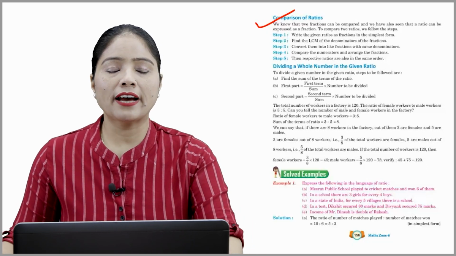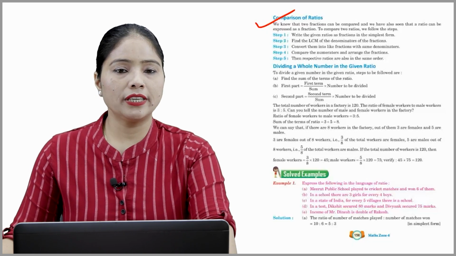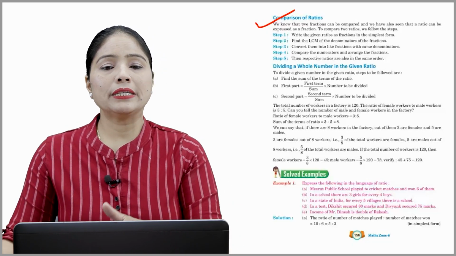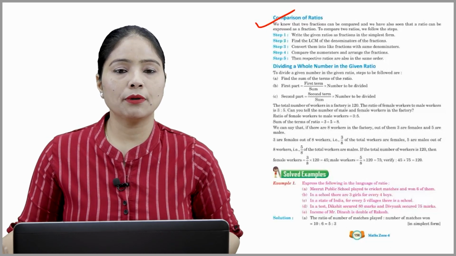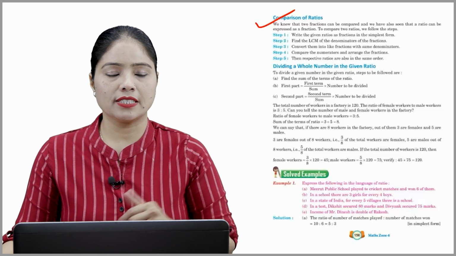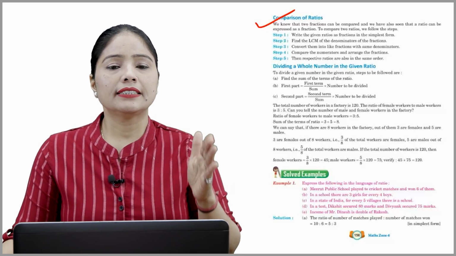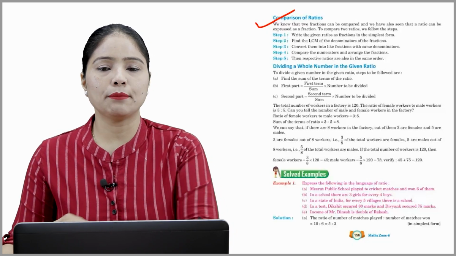Step number 2, find the LCM of the denominators of the fractions. Step 3, convert them into like fractions with the same denominator. Step number 4, compare the numerators and arrange the fractions. Step number 5, then the respective ratios are also in the same order.